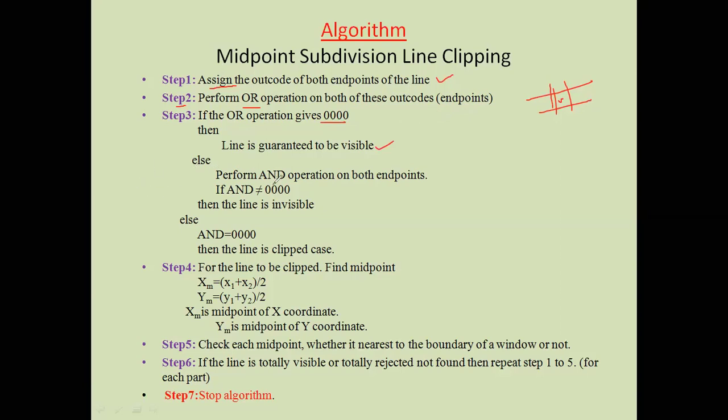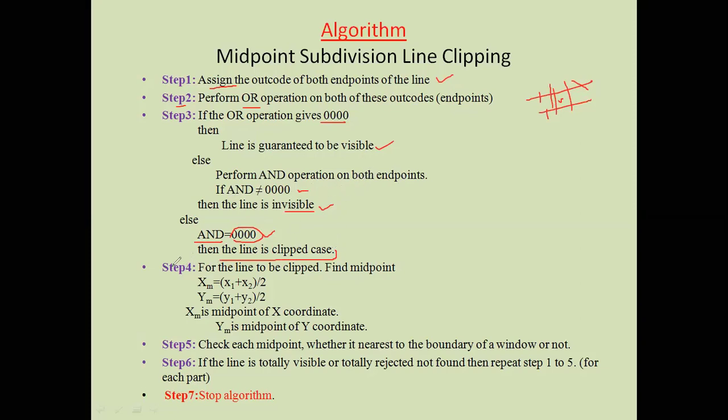Else perform the AND operation on both endpoints. If AND is not equal to 0, a non-zero value, then the line is invisible. The same procedure we have followed earlier. So it is completely lying outside the visible region. In the third case, when AND comes to all zeros, then the line is a clip case. So these are the same steps we have followed in Cohen-Sutherland.